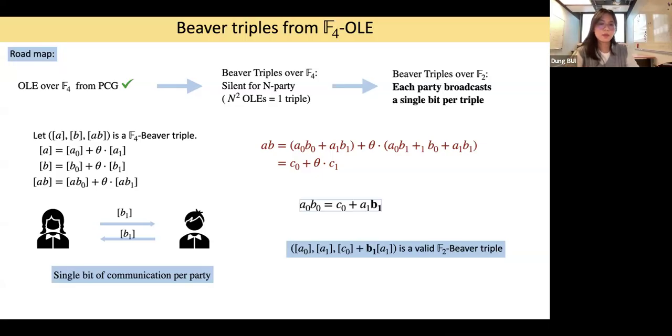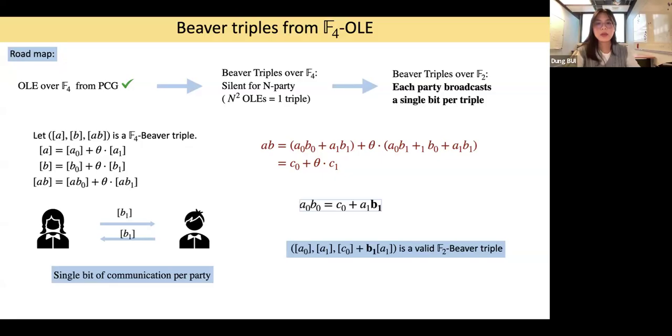Now if you present A, B, and A times B, because they are elements over F4, and F4 is isomorphic to F2 squared, you can present it as A0 plus theta times A1, and B also the same, and you also have the form of A times B. With a simple calculation, you can see that Alice and Bob only need to send each other a single bit of communication, then Alice and Bob can learn the B1, and after having B1, they can just locally transform their pivot triple over F4 to the pivot triple over F2.